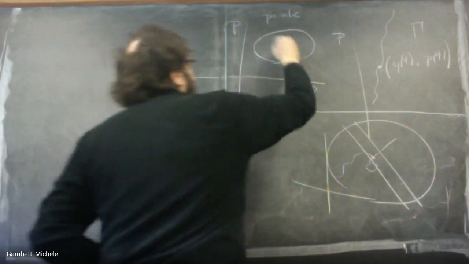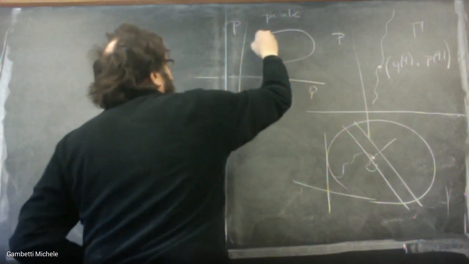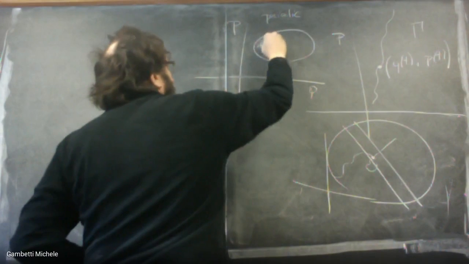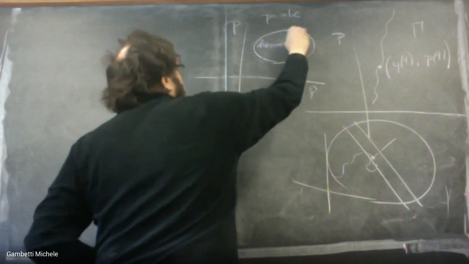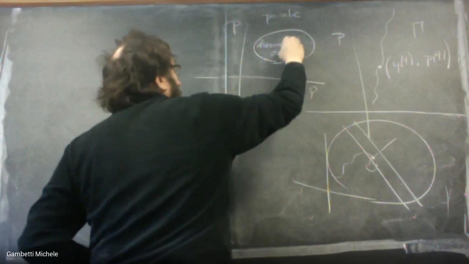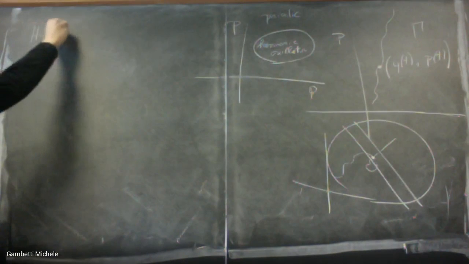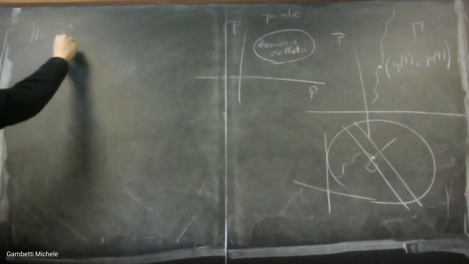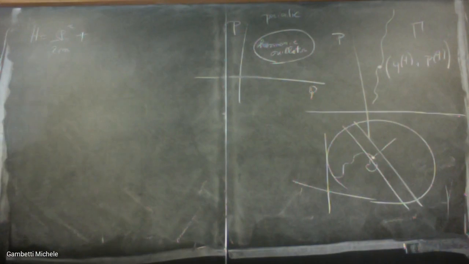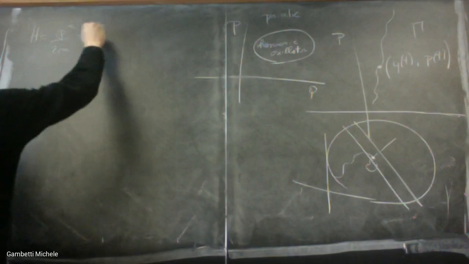For the harmonic oscillator, the Hamiltonian will be something like this: a kinetic energy plus a potential energy.